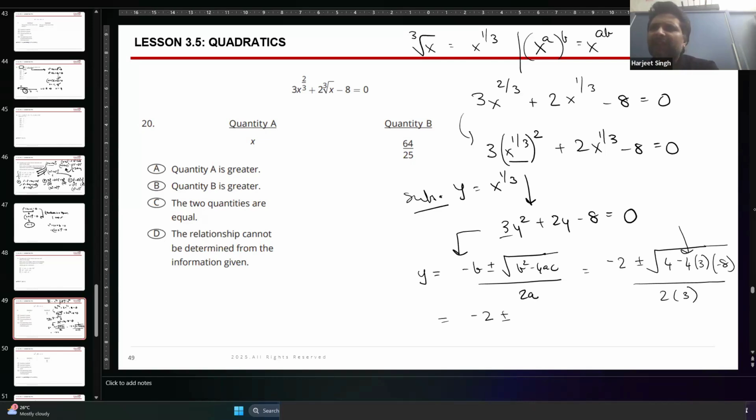So can I say we have 12 into 8, 96, correct? Plus 4. So it becomes root of 100 inside, divided by 2 into 3. And root of 100 is 10. So we have minus 2 plus minus 10 divided by 6.